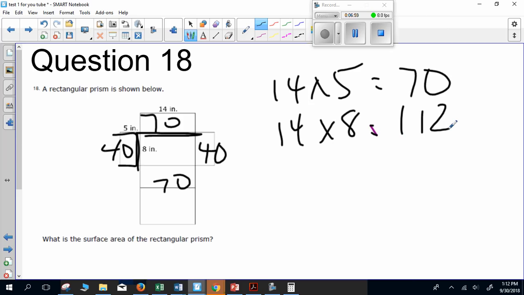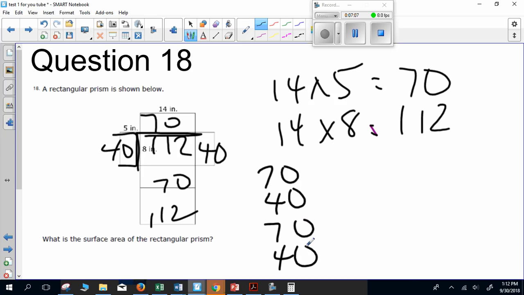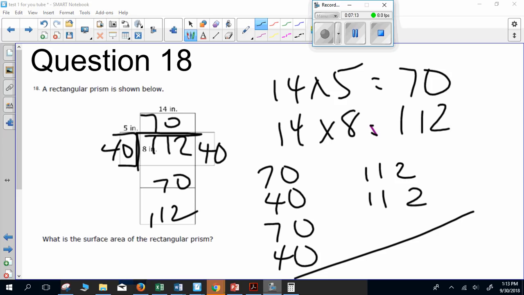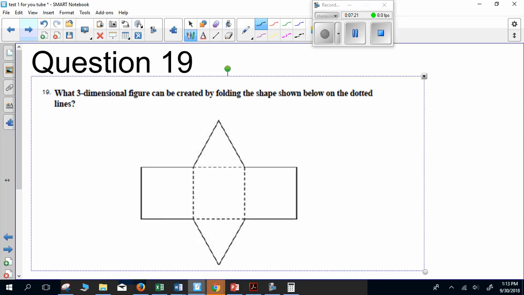Okay, so 112 and 112. So I've got 70 plus 40 plus 70 plus 40 plus 112 plus 112. And all together that equals 444 square units.